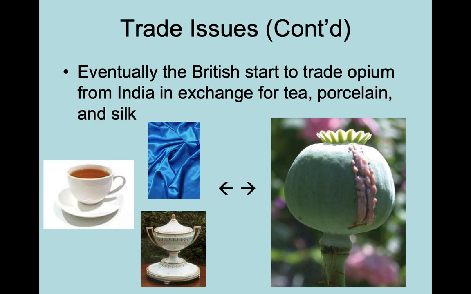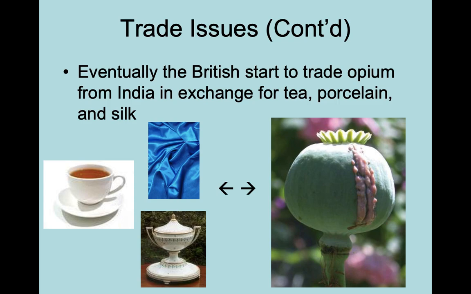Opium is similar to heroin in its addictive properties and became a good that Europeans, specifically the British, tried to trade in exchange for silk, tea, and porcelain. If they were able to trade opium instead of gold and silver, they would then have a trade surplus.